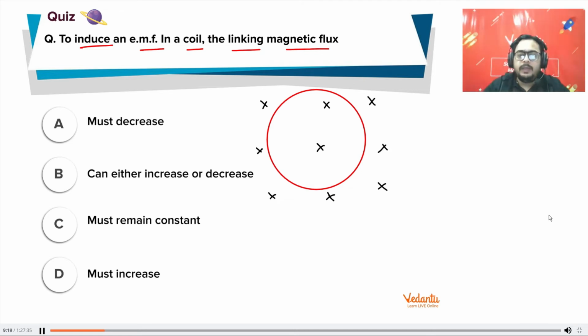Okay, chalo. Let us start marking our answer. You have 45 seconds. Your time starts now.